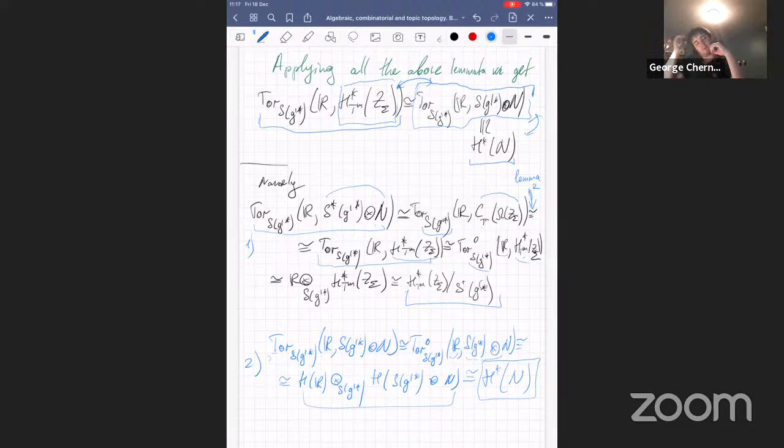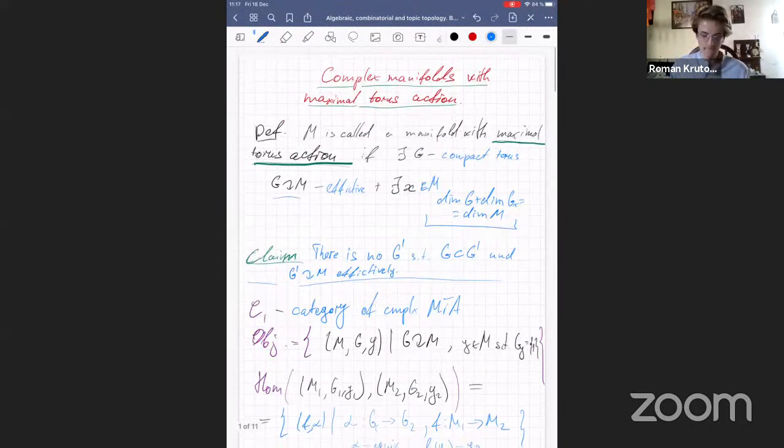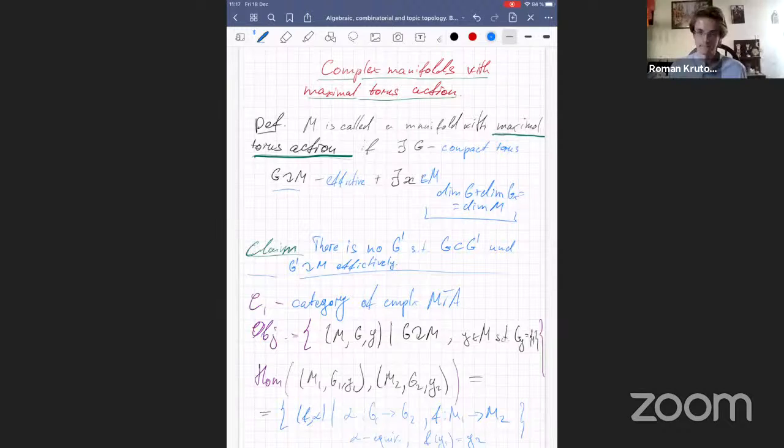Okay, and the second question is about the beginning of your talk. Could you please open the first page of your notes? Sure. This condition about the sum of dimensions, it's a sufficient condition, yes? Yeah, that's maximality.